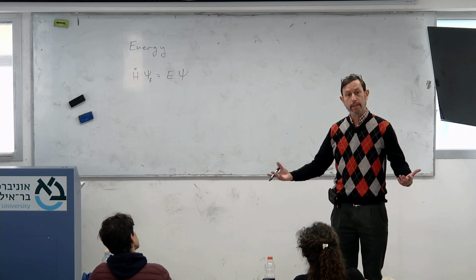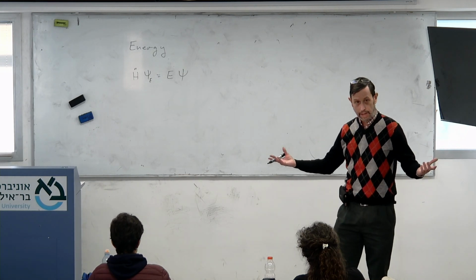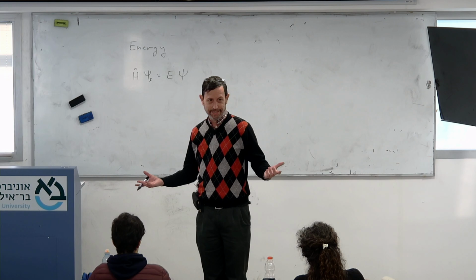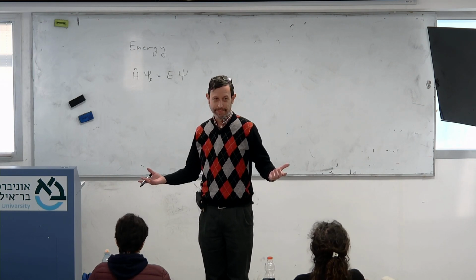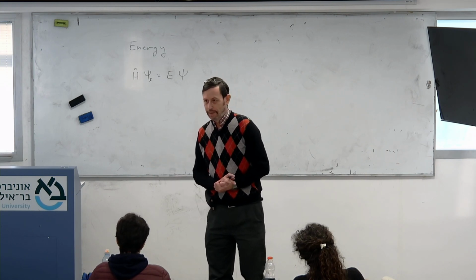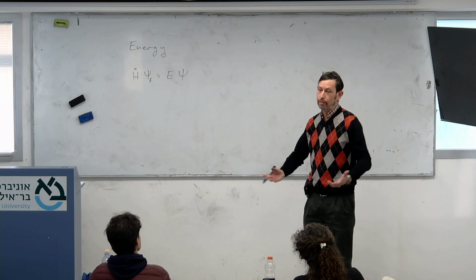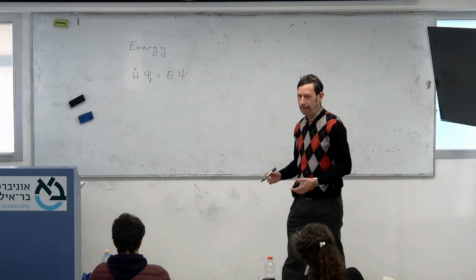But the electron can leave completely the hydrogen atom and become essentially free. Then it will have a continuous spectrum. That's the ionization of an atom. The electron leaves the atom and lives happily, freely outside of it.